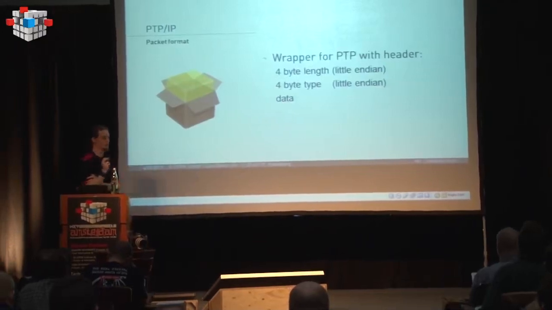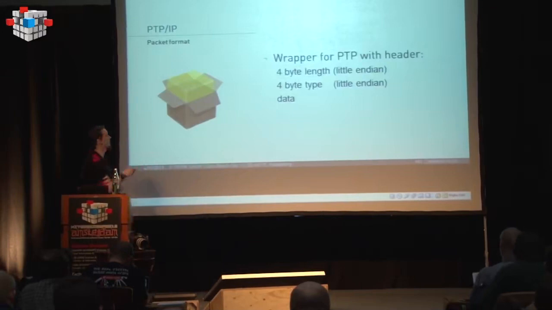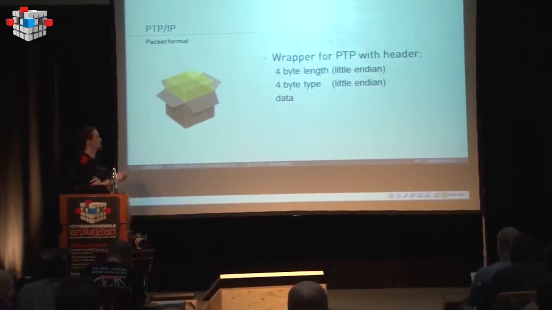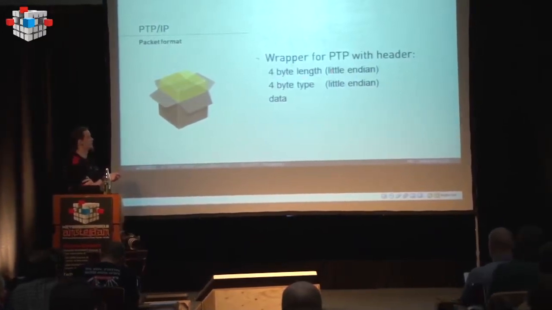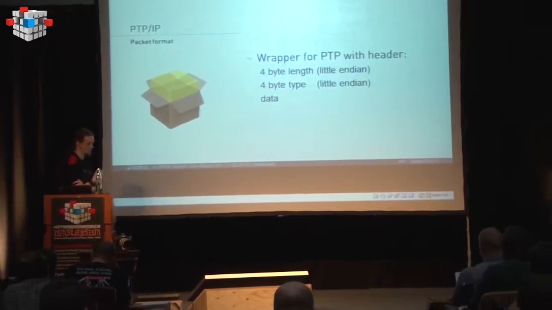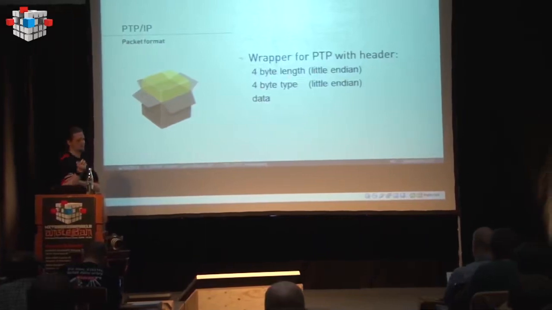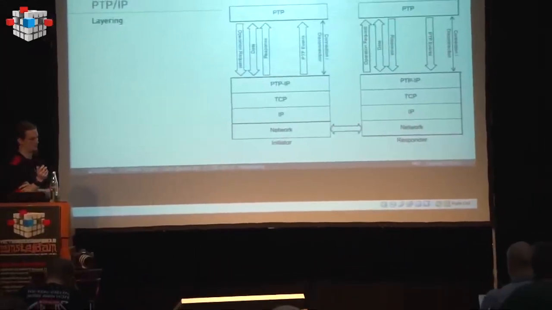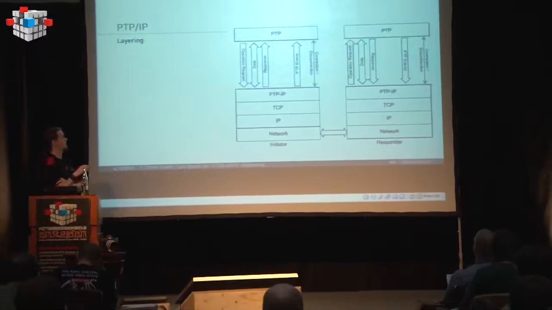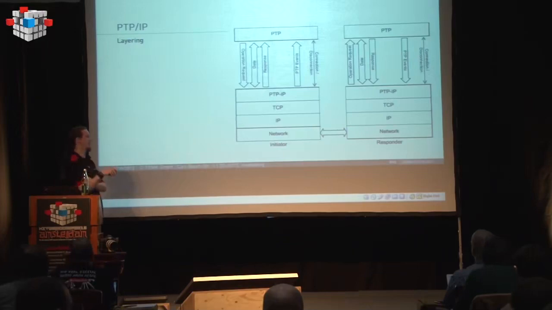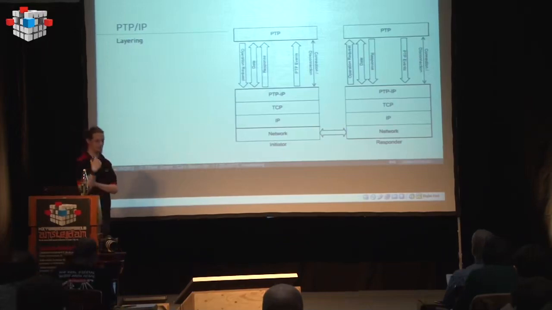It's just a wrapper for the PTP protocol, and it adds two fields, which is a length field and a type field. And afterwards, then just follows the PTP data. This is just a screenshot of the layering, so you got the PTP on top, and then you got different packet types, which came from the PTP-IP type field, and then again you got TCP-IP and your network layer below.